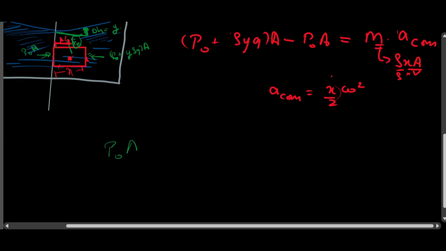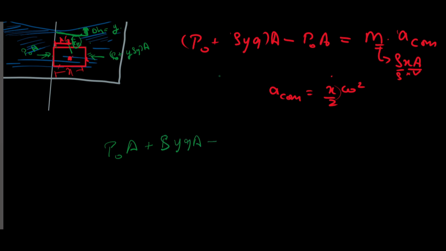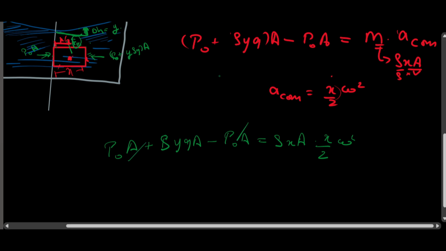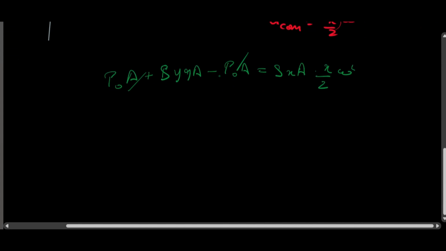We have P naught times area plus rho y g times area, minus P naught times area, equal to rho x times area times x by 2 omega squared, which is the acceleration of the center of mass. It is clear that P naught times area cancels away, and also rho and rho cancel out.